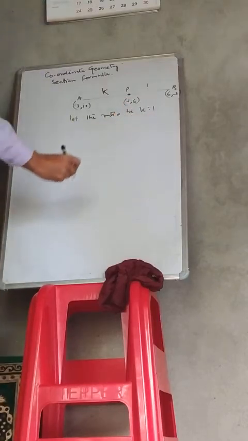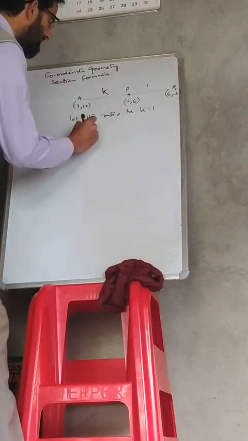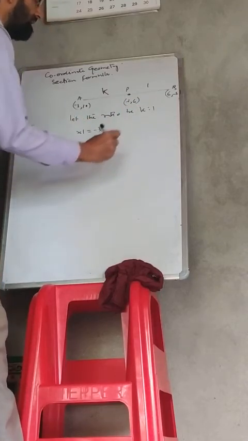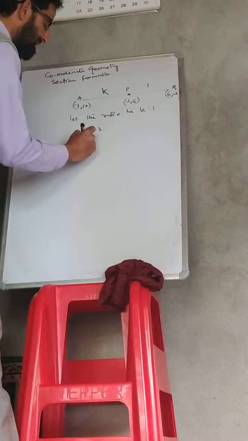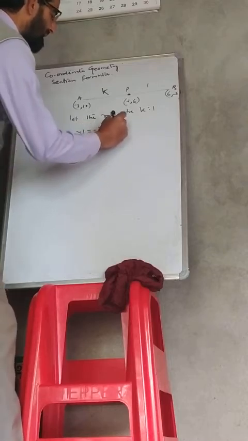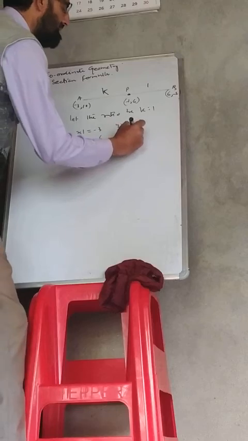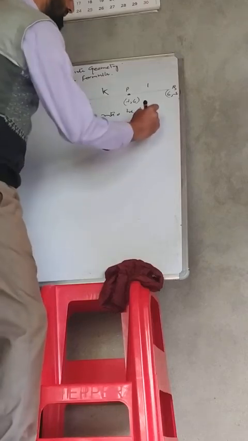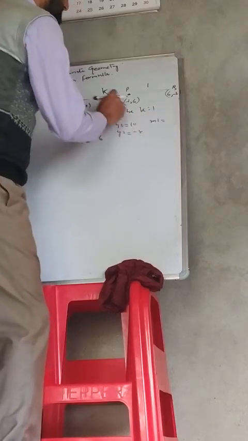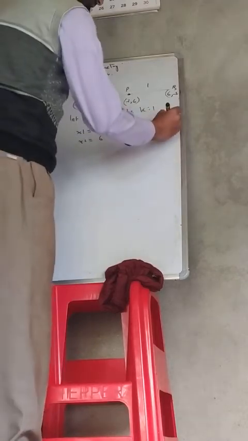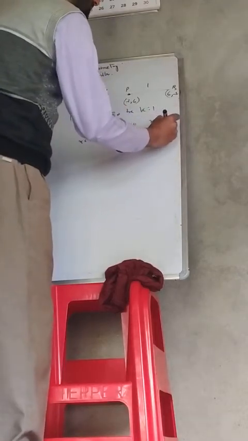So here x1 is equal to minus 3, and what is x2? It is 6. Y1 is equal to 10, and y2 is equal to minus 8. And what is M1 here? By supposition M1 is equal to K, and what is M2? It is 1.